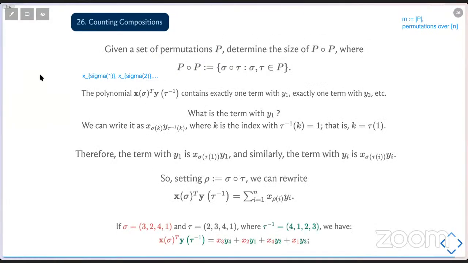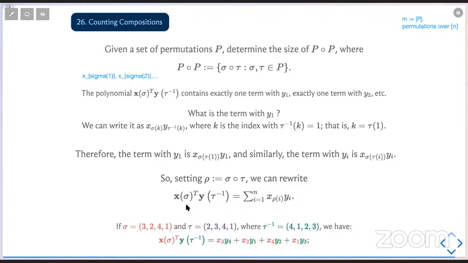So essentially, the x indices here. In this product, if I'm interested in capturing sigma composed with tau, I write down this product of these two vectors.